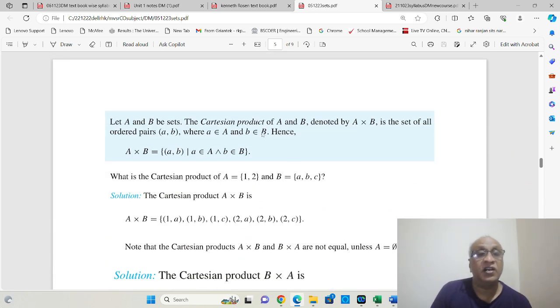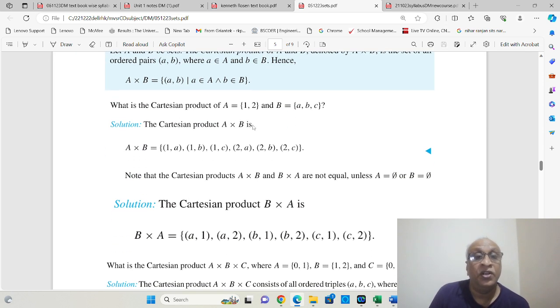Now let us try to understand what a Cartesian product is with an example. Let us say set A consists of 1, 2. Set B consists of a, b, c. The Cartesian product of A and B is (1,a), (1,b), (1,c), then (2,a), (2,b), (2,c).